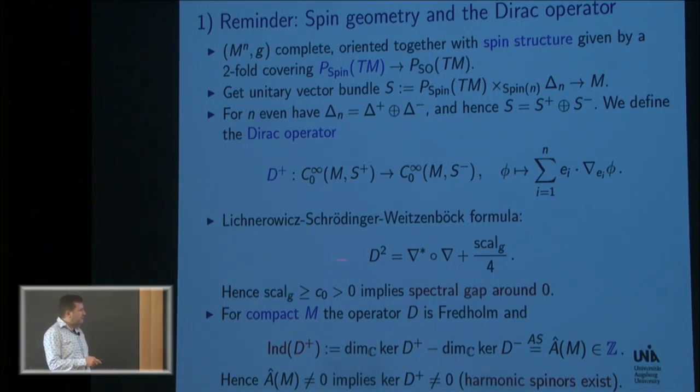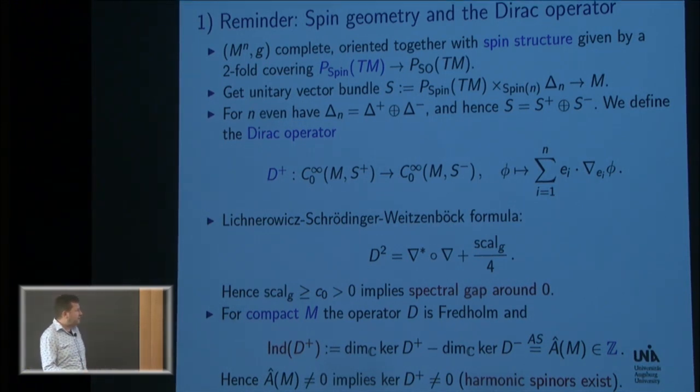So we have this very important Lichnerowicz-Schrödinger-Weitzenböck formula, which tells us that in the presence of uniformly positive scalar curvature on our manifold M, and by the way, I do not assume that M is compact here, so this is for compact or non-compact manifolds, I just have to assume that it's a complete manifold in my talk.